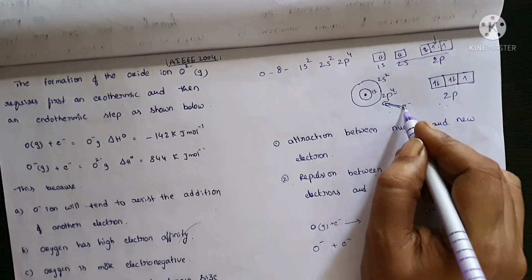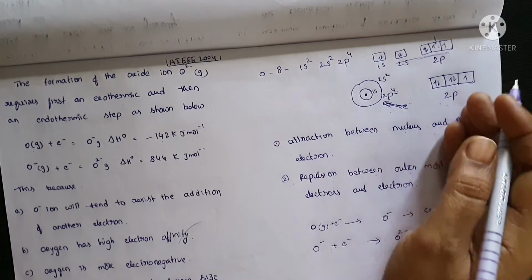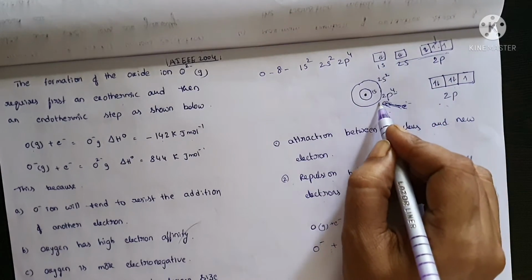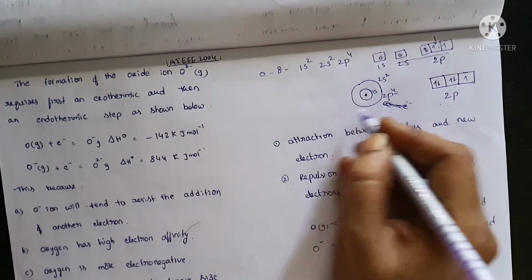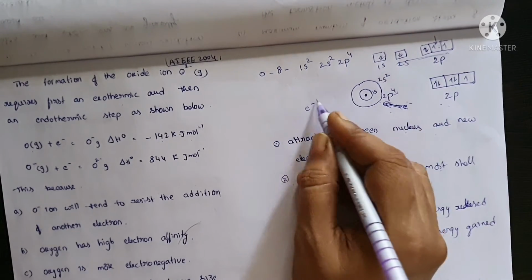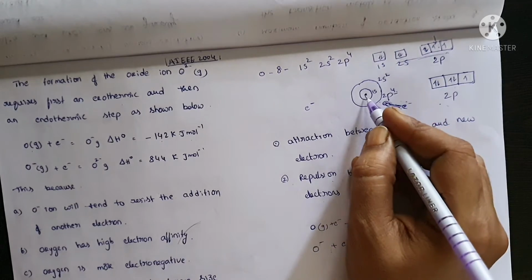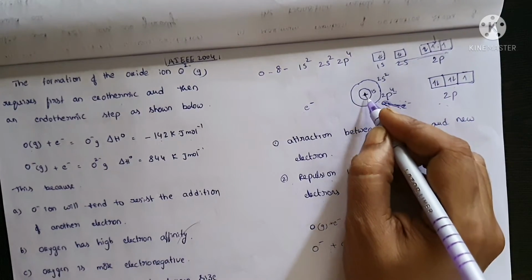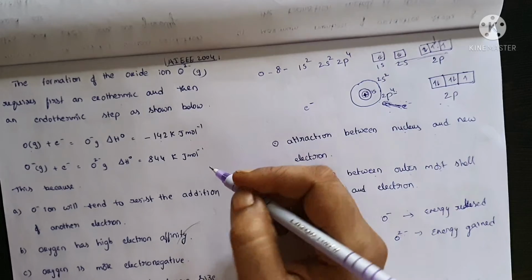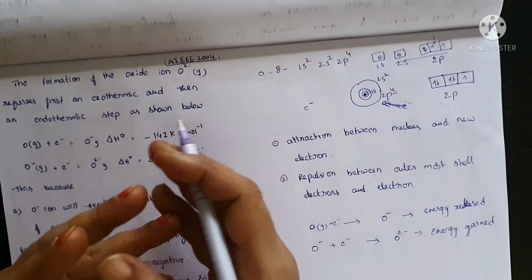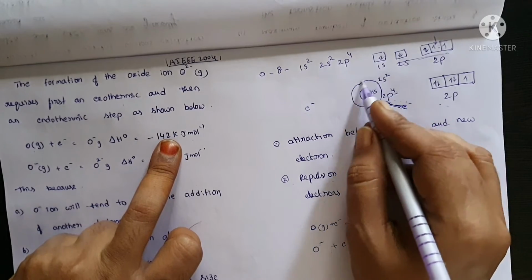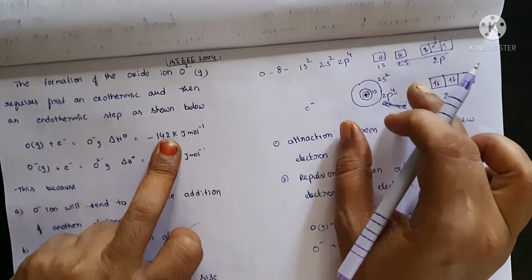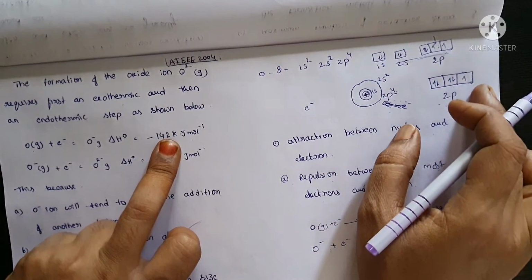The electron's negative charge is added to the outermost valency shell, and the nucleus is positively charged. Due to attraction, it easily enters into the valency shell, and it is an exothermic reaction.